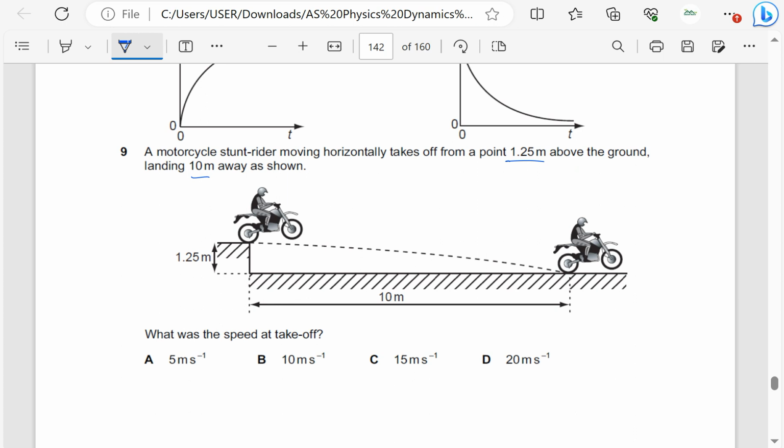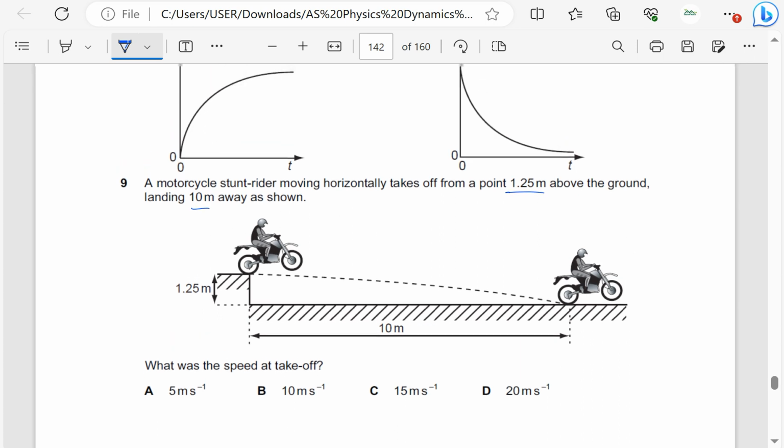So let's consider vertical motion first. If I consider vertical motion, I will be able to get the time. So considering vertical motion, s in the vertical is equal to initial velocity in the vertical times t plus a half acceleration in the vertical times t squared.